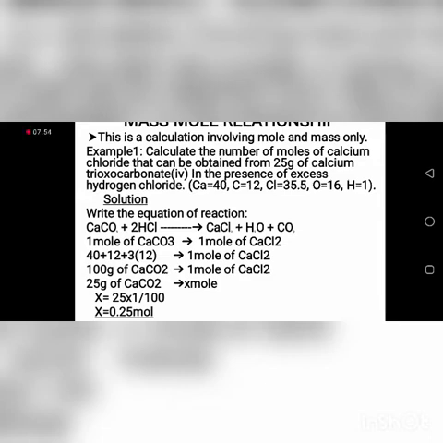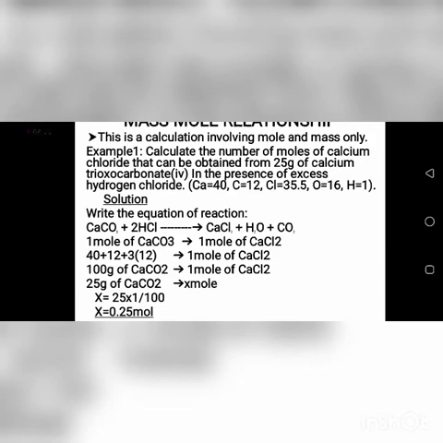Now let us express it in terms of mole. If you look at the question, we are being specific about the number of moles of calcium chloride. So we'll be dealing with calcium chloride and calcium carbonate only in this question. The other compounds are not really useful after we have balanced the equation.